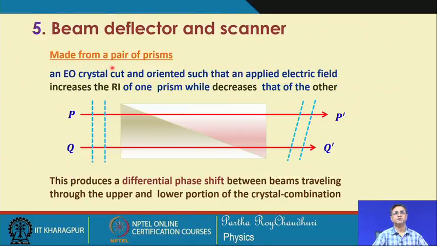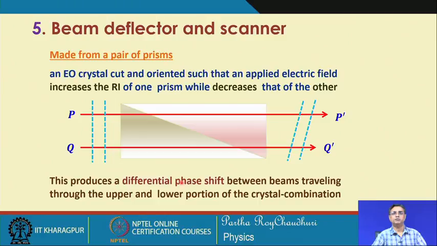Now, the beam scanner is another very interesting application: an electro optic crystal cut and oriented in such a way that, under the application of an external field, the refractive index of one prism increases while the other prism decreases. The configuration is very simple and doable, as we will see.